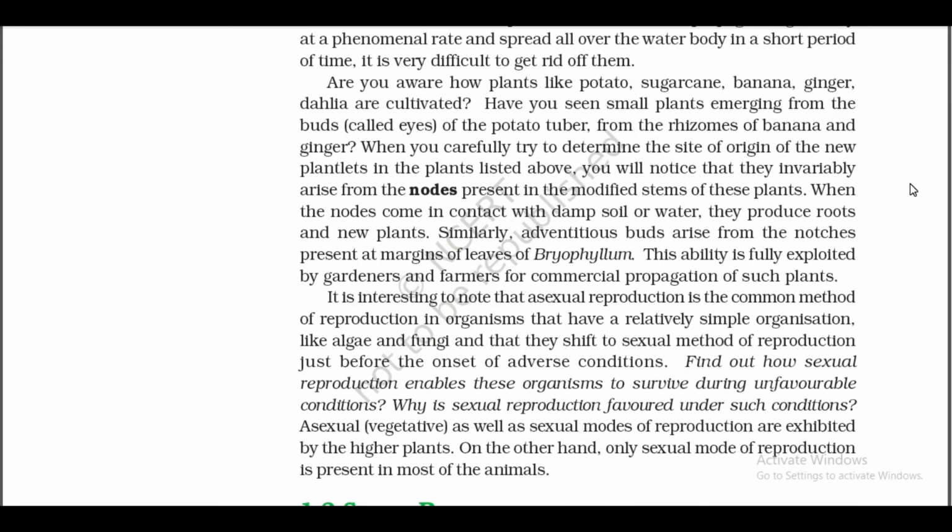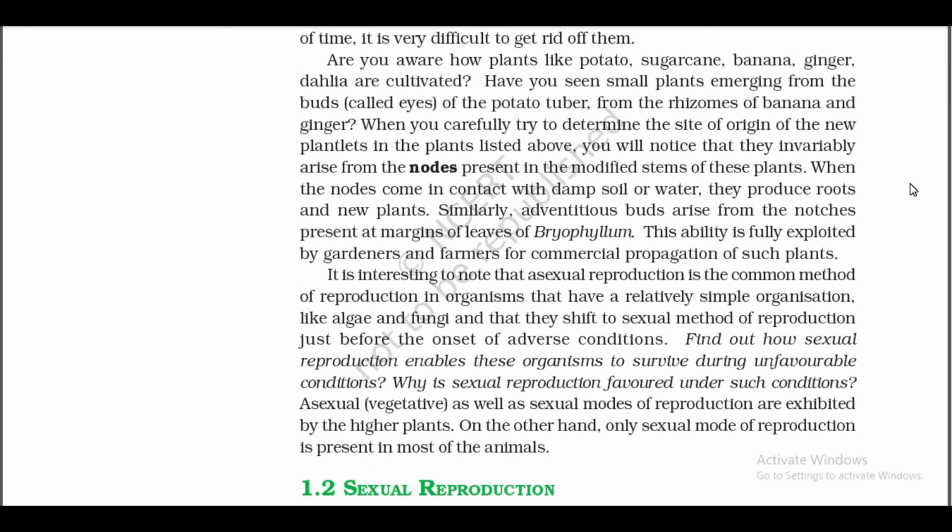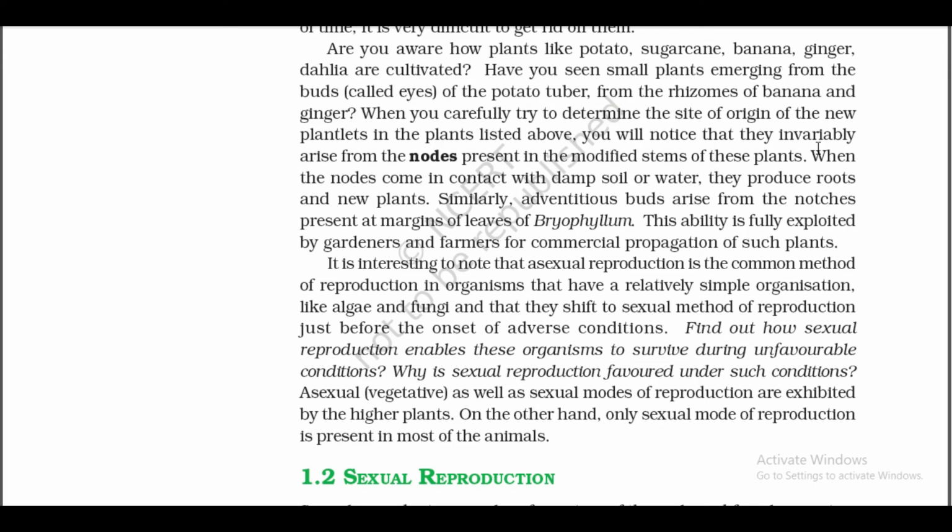Have you seen small plants emerging from the buds called eyes of the potato tuber, from rhizomes of banana and ginger? When you carefully try to determine the site of origin of the new plantlets in the plants listed above, you will notice that they invariably arise from the nodes present in the modified stems of these plants.